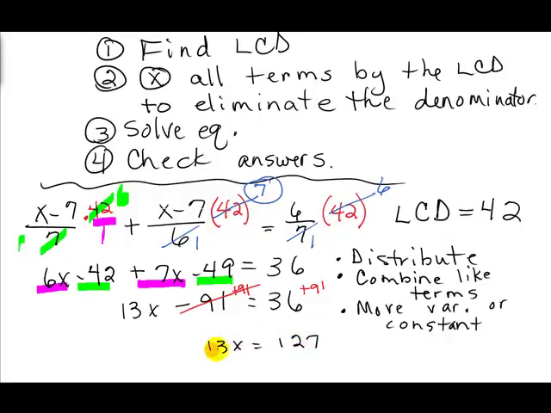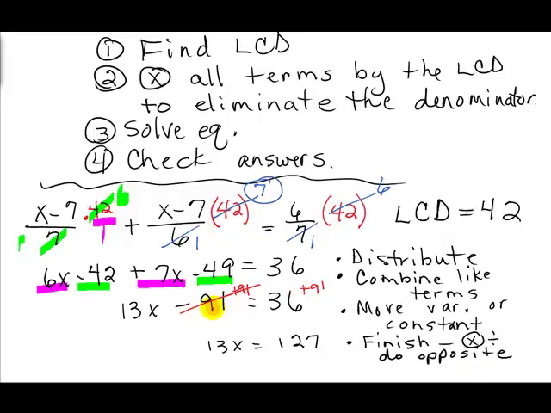We're ready to get rid of the 13 that's with the x. What's happening here is they are being multiplied, so we do the opposite. I call this the finishing step. And we will either multiply or divide. What we are doing is the opposite, the inverse, which is what we did here also.